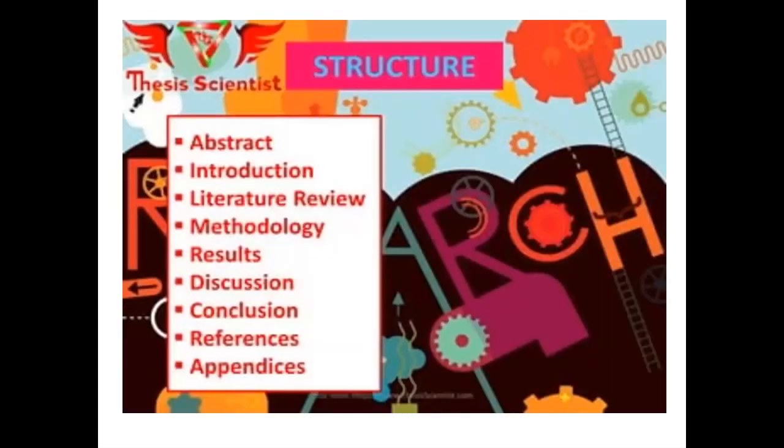Now look at this, the structure of a usual research paper. Structure or the content. Normally, we have these sections: abstract, introduction, literature review, methodology. Somebody said data collection and data analysis.